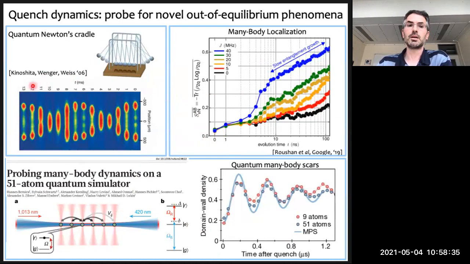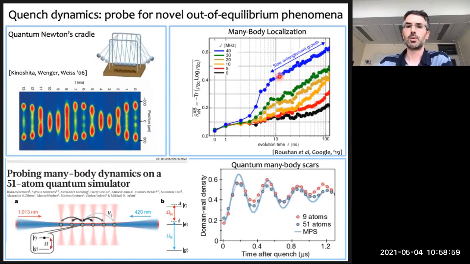For example, in integrable 1D systems, there was this quantum Newton's cradle experiment. Then also it was important in strongly disordered interacting systems, where you can see signatures of many-body localization if you look at how the entanglement spreads through such systems when you quench them.